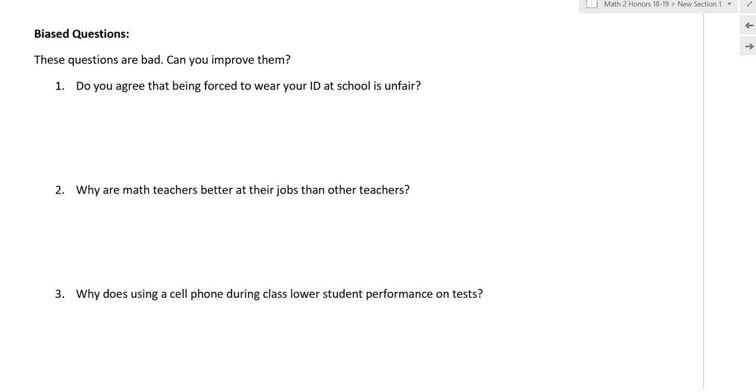So one of the big things about bias is strong language. This word forced, that's not a good part of the question. We want just neutral language, is what it's called.